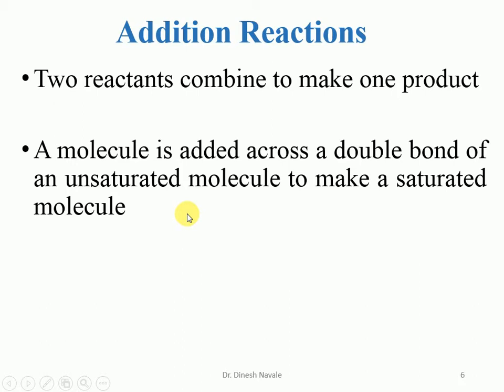That means a reagent is added across a carbon-carbon double bond or triple bond, so the addition is across an unsaturated system. Our starting material is unsaturated, but the product forms with two more sigma bonds and is saturated. So in an addition reaction, an unsaturated molecule is converted into a saturated molecule.